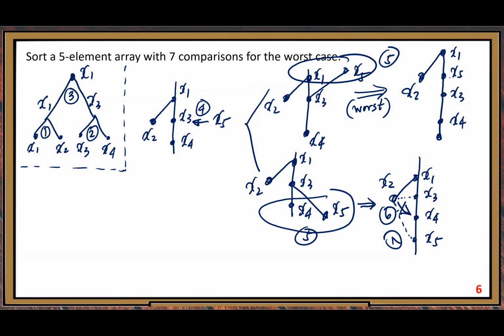You still insert somewhere in the 3-element array, compare in the middle, 2 more comparisons. So compare with x3 first and then one of the 2, so 2 more.